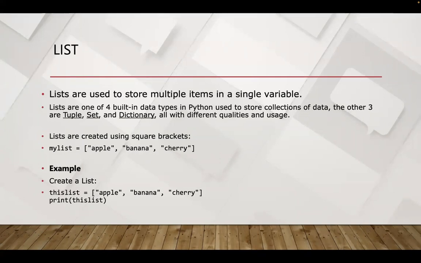So it says lists are one of the 4 built-in data types in Python. So in Python, we have built-in data types. We have tuple, we have set, we have dictionary, we have list. So list is known by the square bracket.